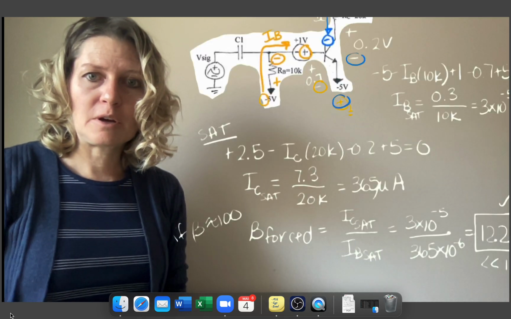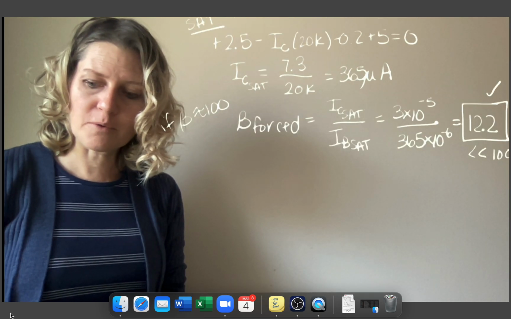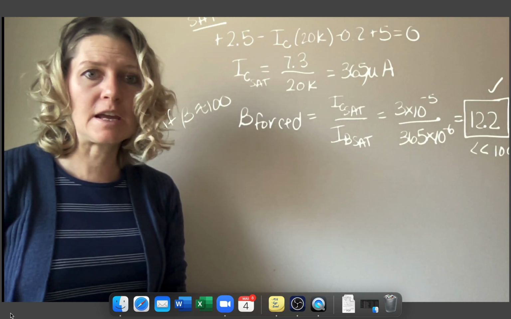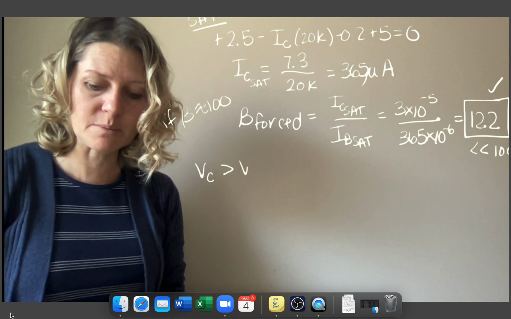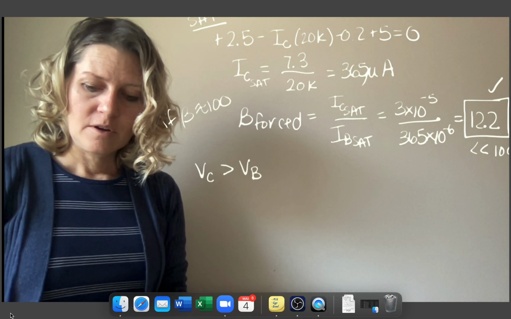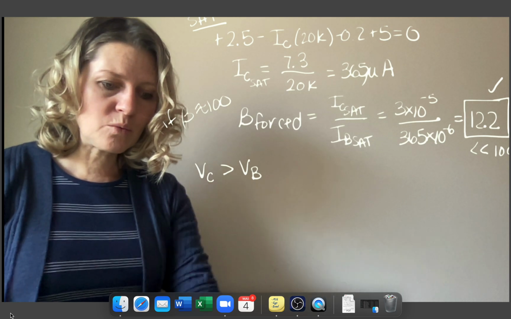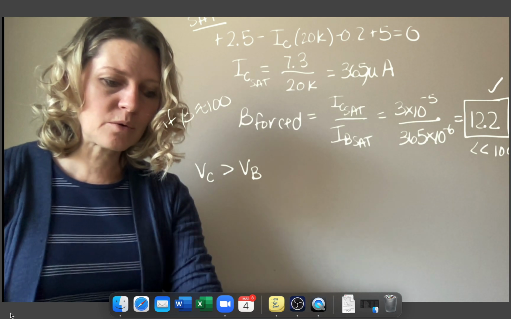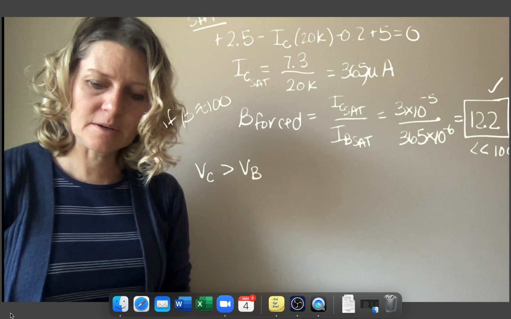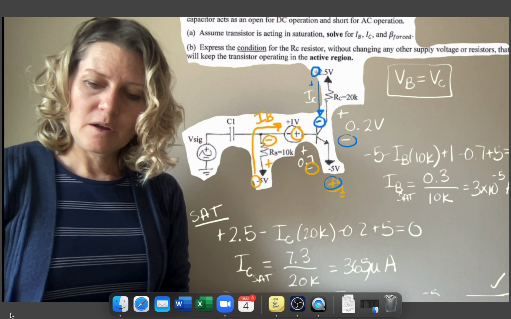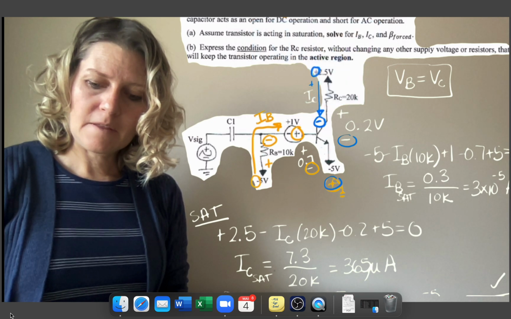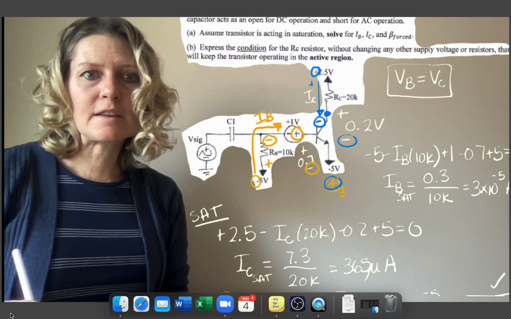So we know that the condition, in order for it to be in the active region, we need VC to be greater than VB. And so we can set these values. So VC is going to be the voltage at this node.